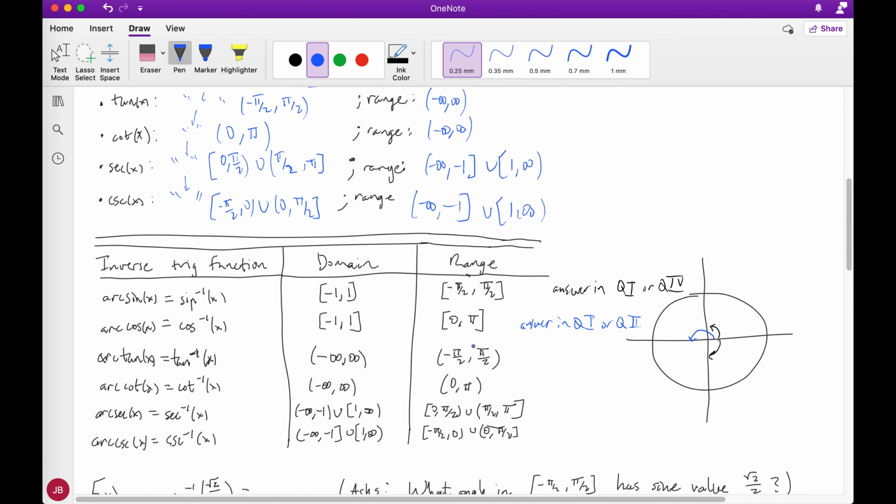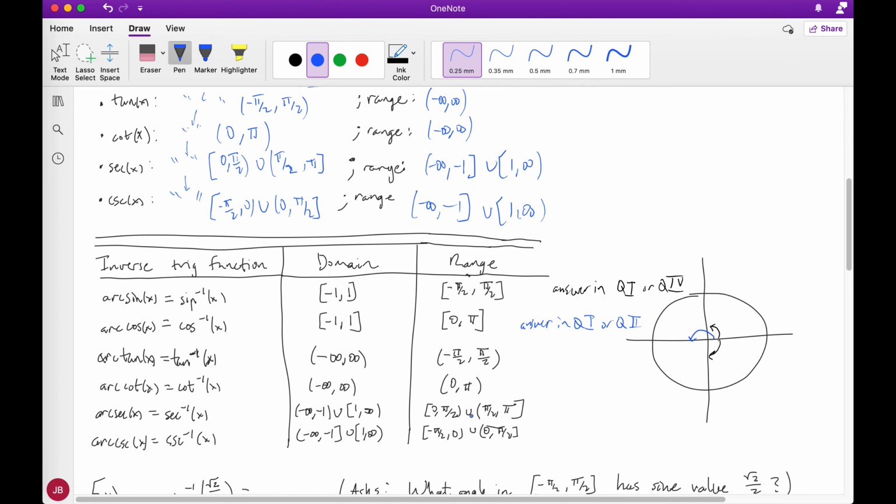The arctangent does pretty much the same thing as arc sine. Only thing is you don't allow the possibility of angle minus pi over 2, which is straight down, or pi over 2, which is straight up, because you have asymptotes in the tangent function. Arc cotangent does the same as arc cosine, right? Only you don't include the angle 0 or the angle pi, again because of asymptotes.